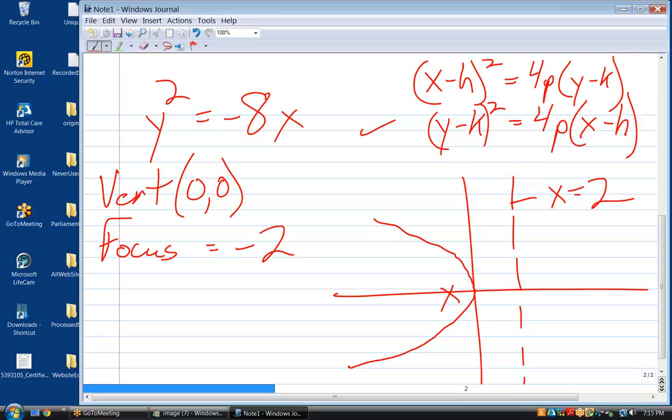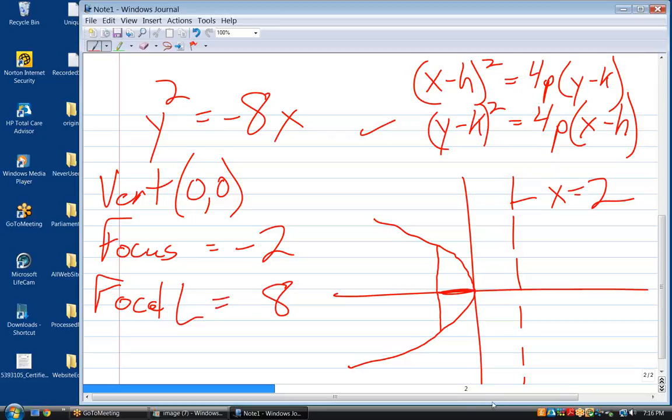And then the focal length, or focal width, I guess. Yeah, the focal length is actually p. This distance here is the focal length, and this distance here, which is 4 times the focal length, is 4 times the absolute value of the focus, so that would be 8.